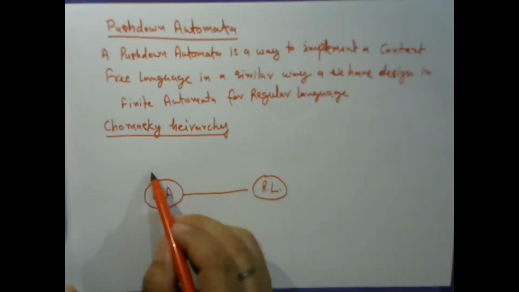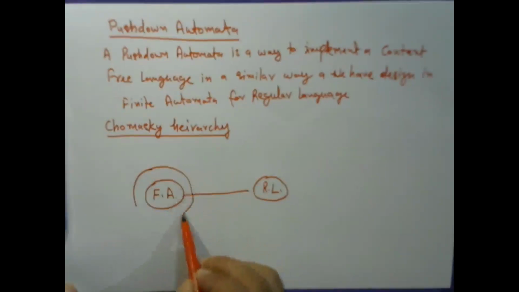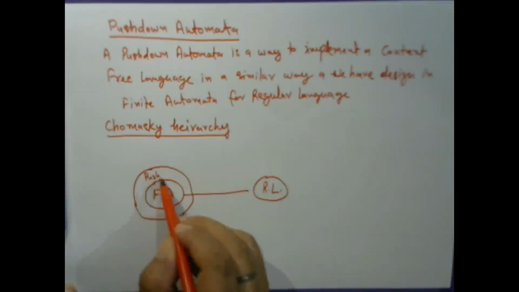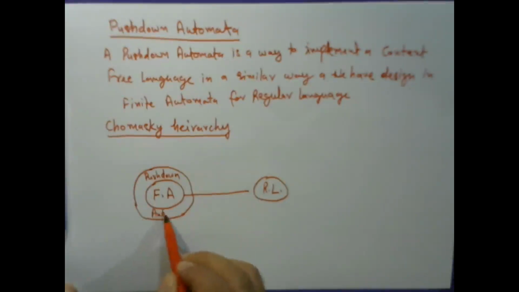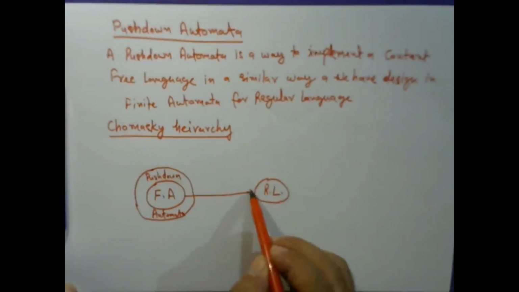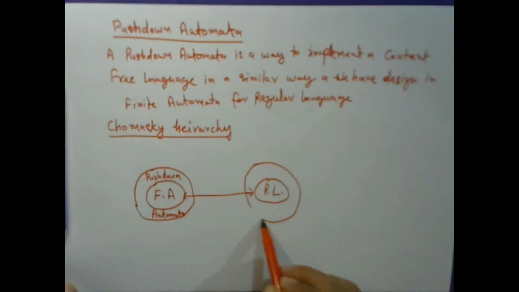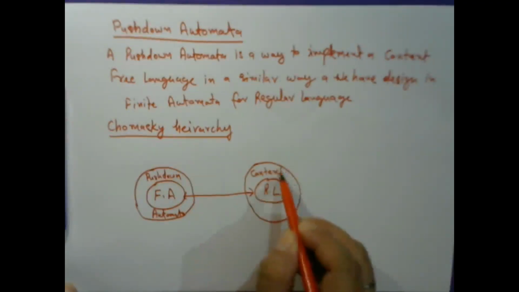Then there is another, bigger automata, with some restricted part, that is the push down automata. The language which push down automata can understand is the context-free language.